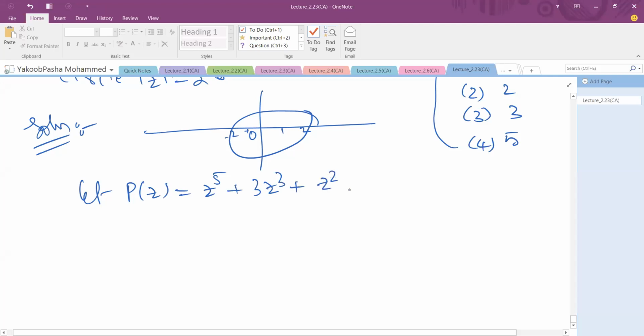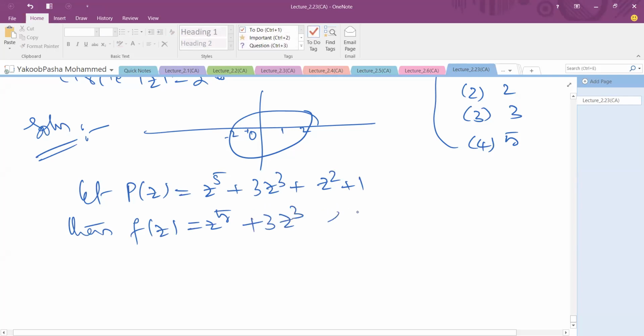Now I consider f of z equal to z power 5 plus 3z cube, and g of z is equal to z square plus 1.